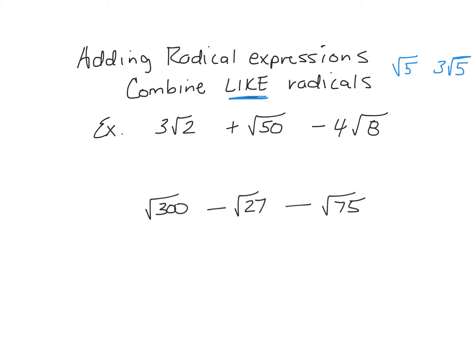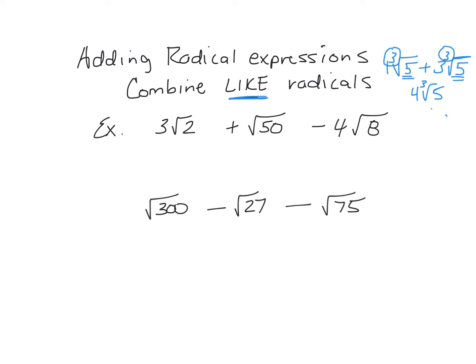Those would be similar terms, and I could combine those to be 4 root 5. If they're both cube roots, the only thing that changes would be 4 times the cube root of 5. So the index and then the radicand have to be the same for them to be like radicals.